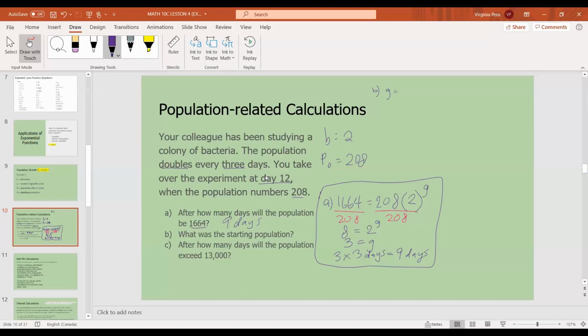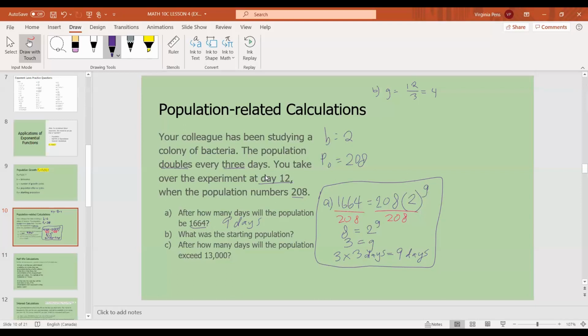G is equal to 12 divided by 3, which is equal to 4. It's been 4 growth cycles. So you took over the experiment at the 4th cycle, which means if you want to go backwards, you want to find the equation with a power of -4.